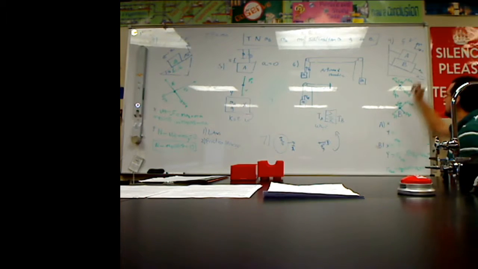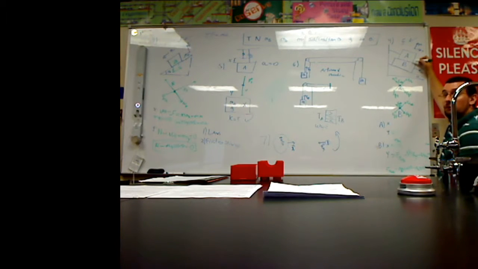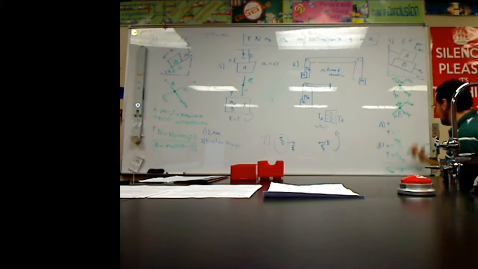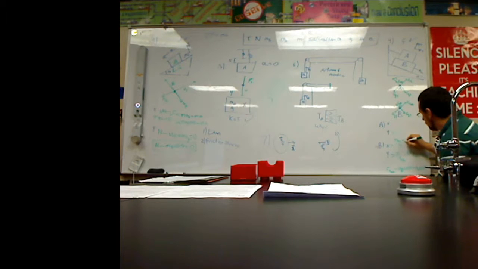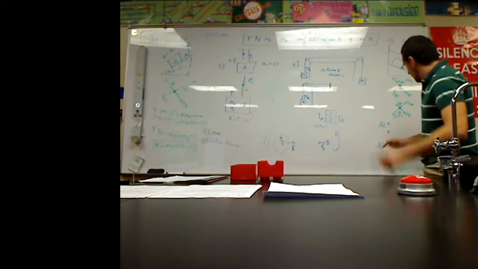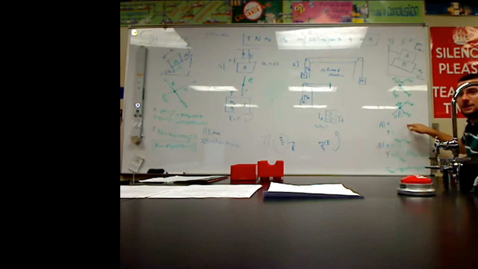Which means the force of friction that B experiences because of A should be pushing that way. I'll call this the force of friction between A and B. It has to be negative. But by the third law, if that's negative, when we write it up here, it's going to be positive, because they have to be paired.